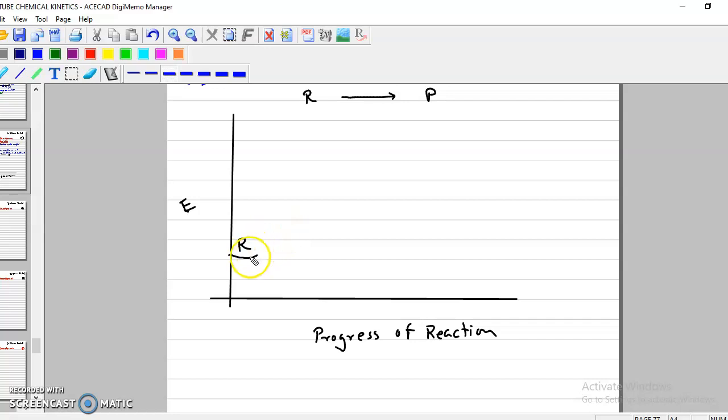Before that we have to supply energy. When we give energy to the system, the energy of the reactant goes on increasing with respect to progress of reaction. Then we get an intermediate state, also known as the activated complex, or the transition state.